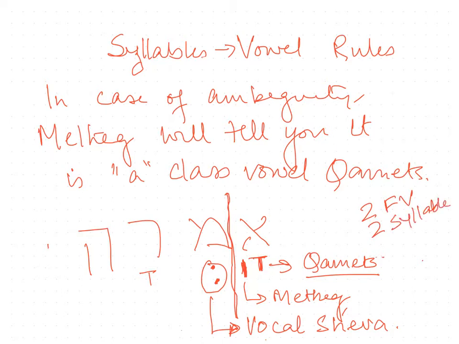But the more important thing of this slide is, the moment you see a metheg in an ambiguous position next to a kamets sign like this, you can be assured that it's the A class kamets which has been discussed, and not the O short vowel kamets katuf. Please bear in mind, many students forget this rule, and metheg is a huge help to tell you it's an A class kamets and not an O class kamets katuf.